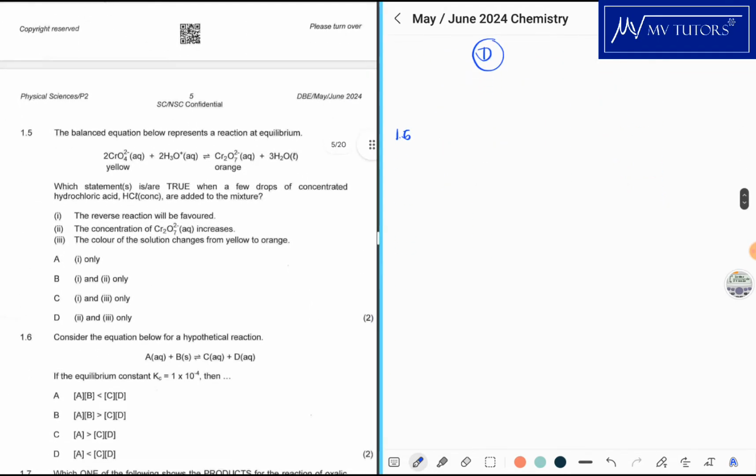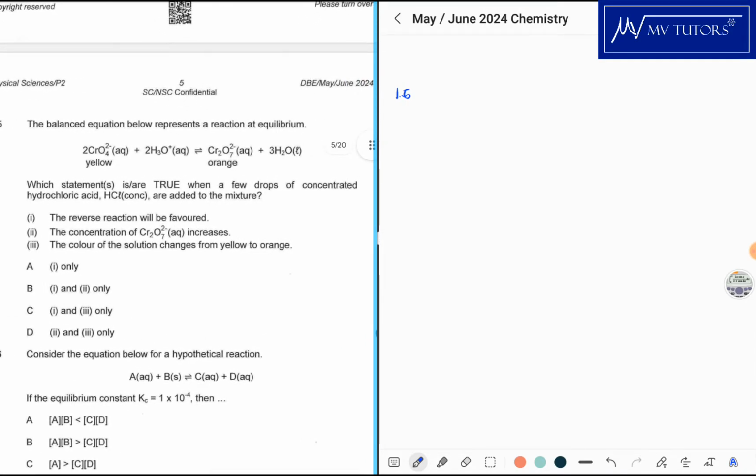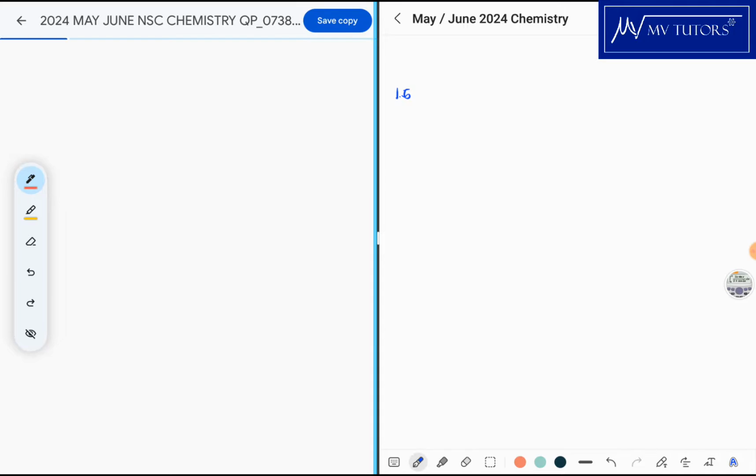Now 1.5. The balanced equation below represents a reaction at equilibrium. So we have chromate plus hydronium gives us dichromate and water. If we're looking at this formula over here, on the left-hand side, which one is the acid?